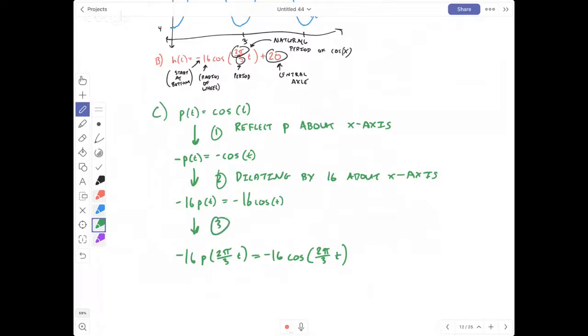Step 3 is dilating by 3 over 2 pi about the y-axis.